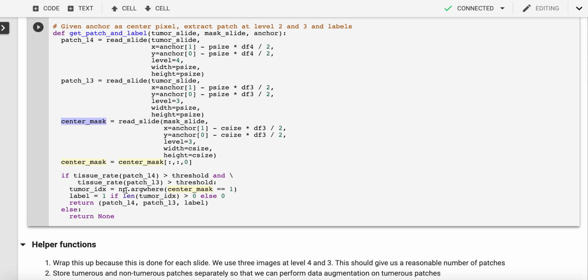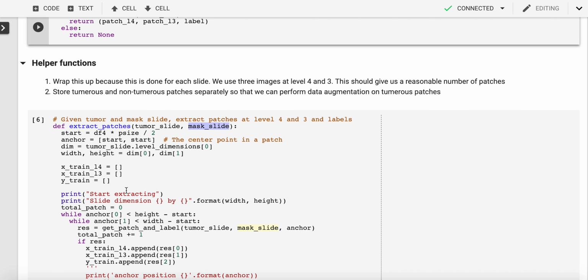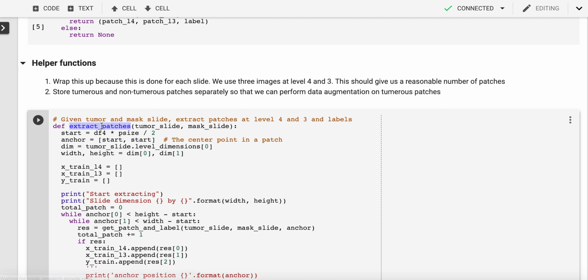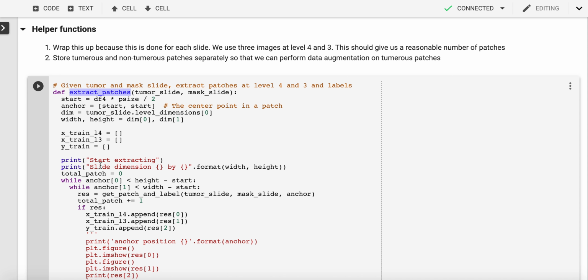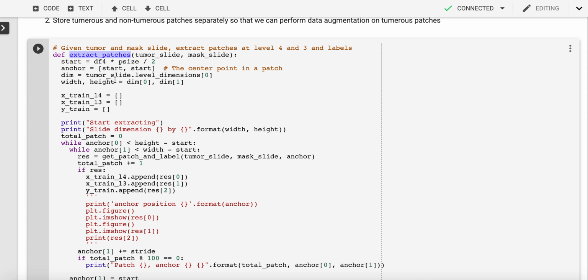Otherwise, we ignore those. The helper function called extract patches is actually a wrapper of all the previous functions. Given a tumor slide and a mask slide, it returns all the valid patches in this slide.